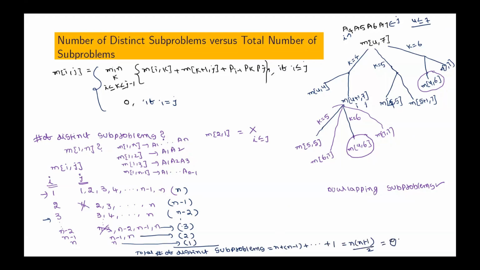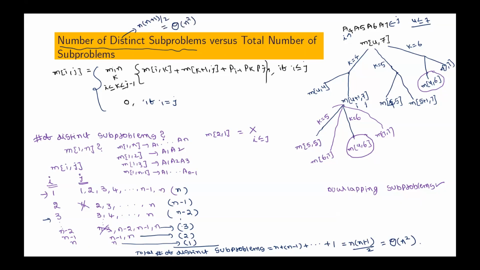That means we can say that it is theta of n square. The number of distinct subproblems is theta of n square. We have got the answer for this.